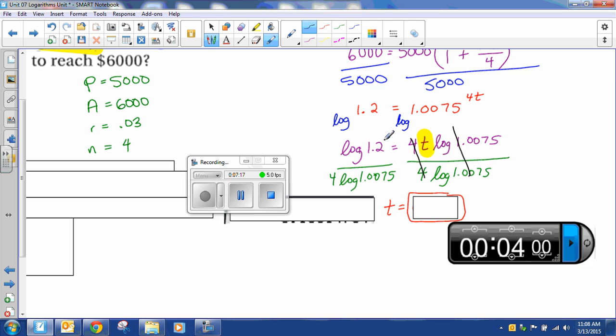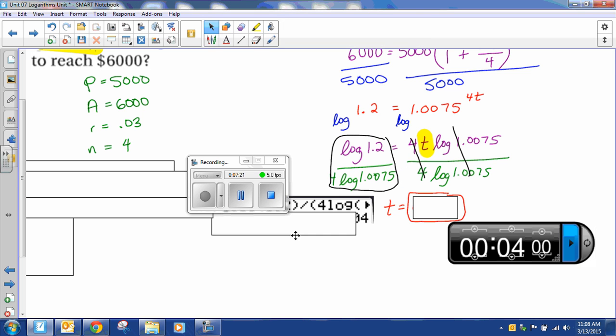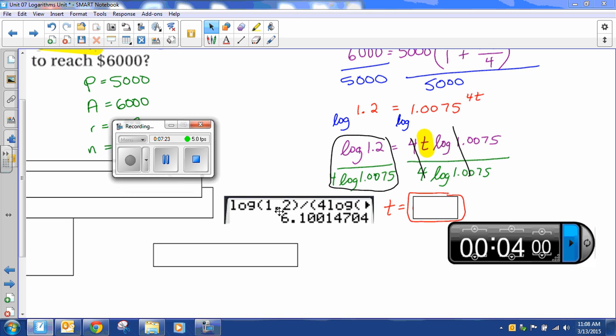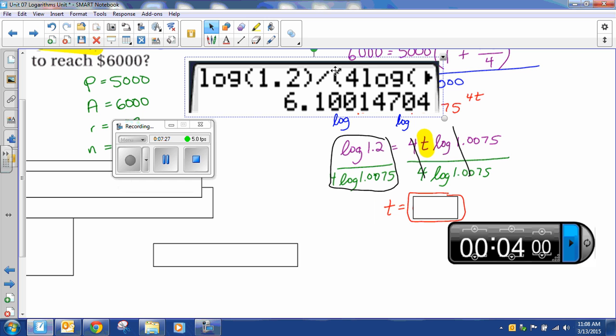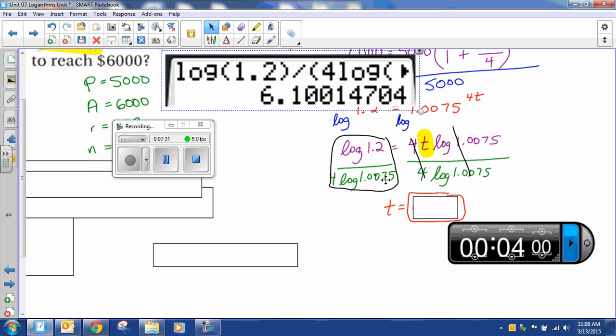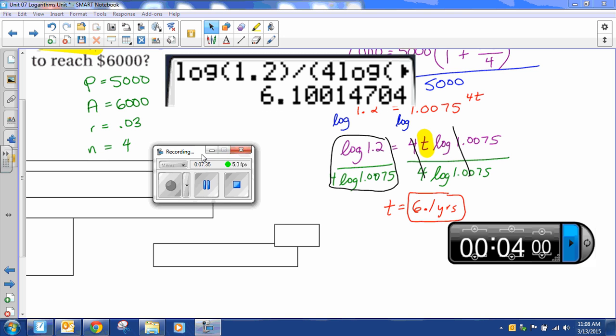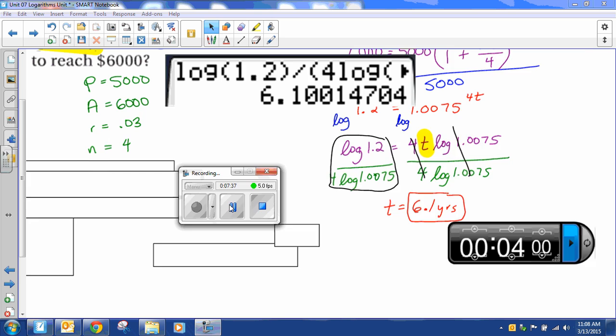These cancel out, and now all we have to do is plug this in the calculator. We carefully plug this in. Make sure that after you hit the divide symbol, you open parentheses to group this expression below. Final answer is about 6.1 years.